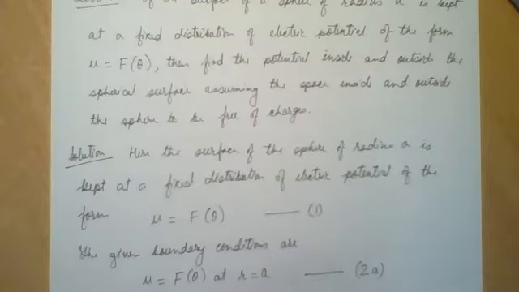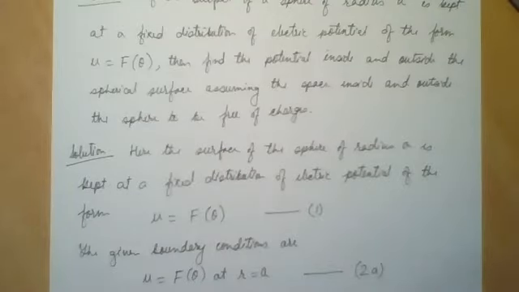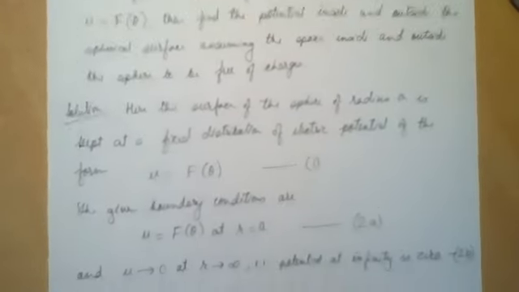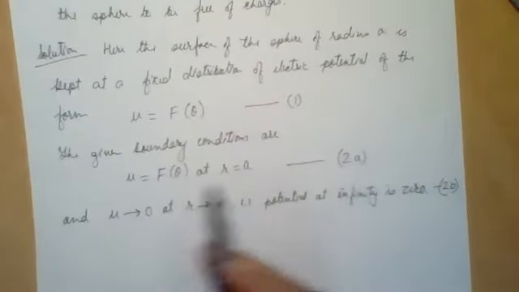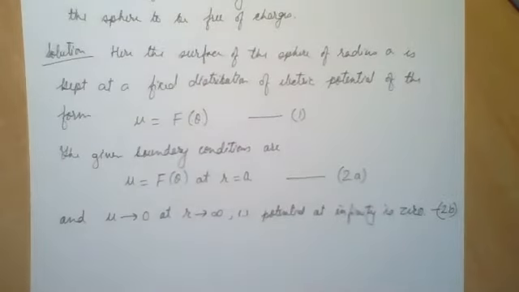That is, potential at infinity is 0. This we call equation number 2B. This is 2A and this is 2B. Okay. So we have to find the potential inside and outside the spherical surface by assuming that the space inside and outside the sphere is free of charges.